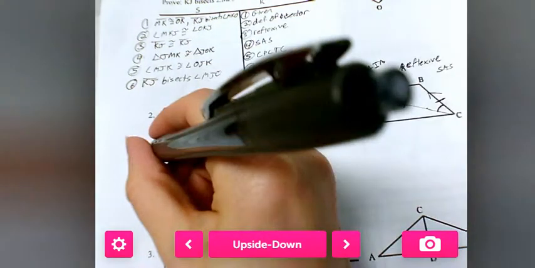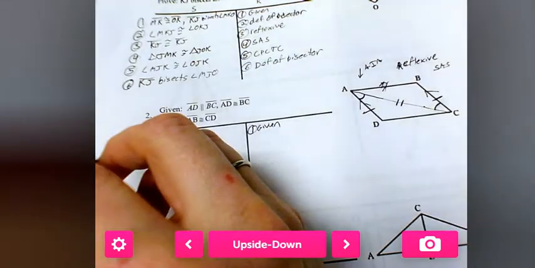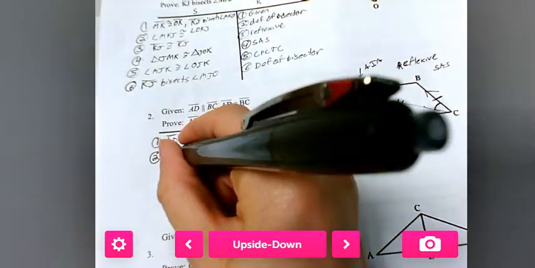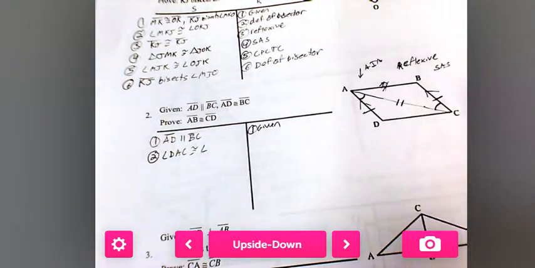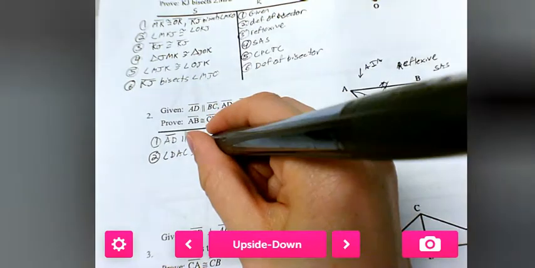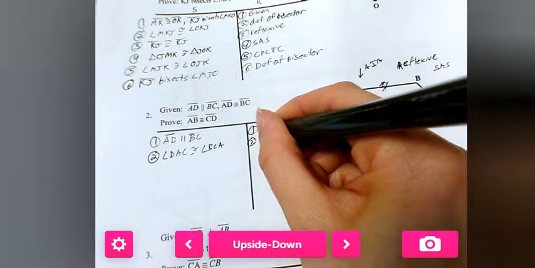Number 2, angle DAC is congruent to angle BCA by alternate interior angles.